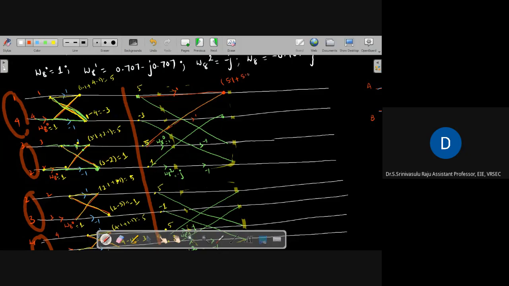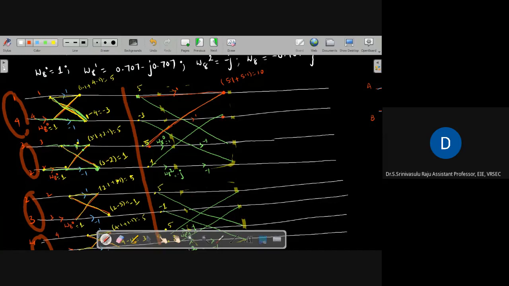So again 5 into 1. So we have the answer 10. Is it clear? My first point. So 5 multiplied with 1 and the joining point from another element 5, multiplied with W8 of 0 twiddle factor, 5 into 1. So we have 10.